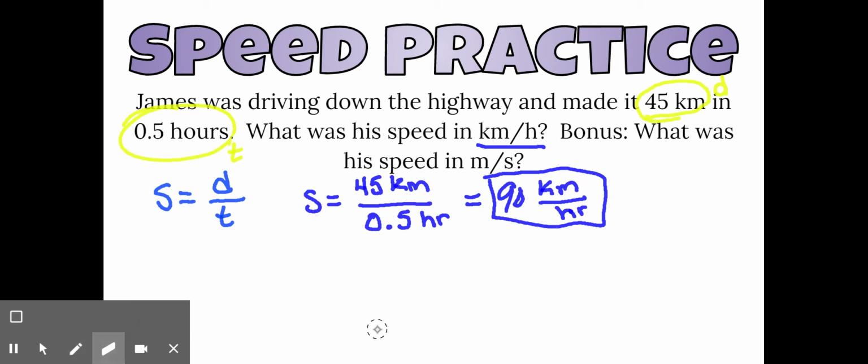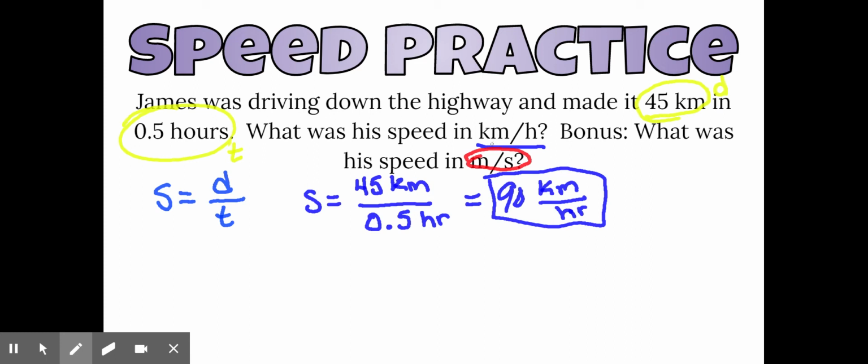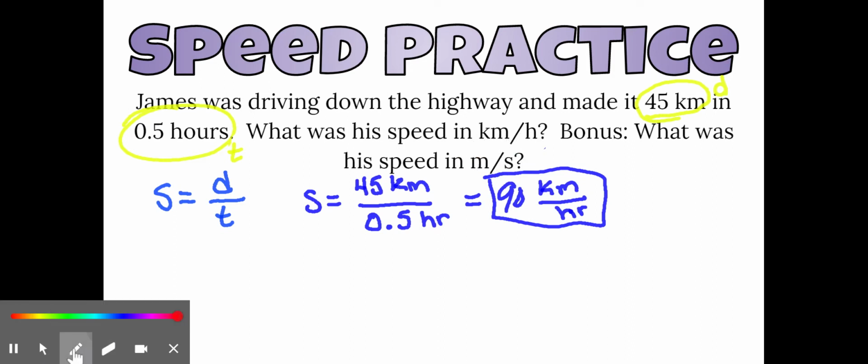Now we're going to try this again, but we want to find it in something different. We want to find his speed in meters per second. Well, all we need to do for that is a little bit of converting. So I'm going to erase a little bit of that. We know his speed in kilometers per hour. Now let's find it in meters per second.